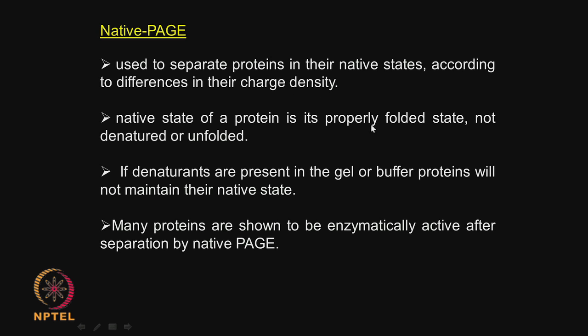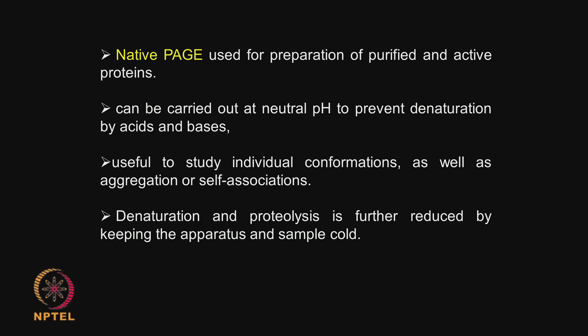The native state of a protein is the properly folded state, so it is not denatured. But if you add denaturants to the buffer, proteins or gels, then it loses its native state. With the native protein we can take out the protein and look at activity using biochemical assays, whereas in SDS PAGE the protein loses its activity completely.